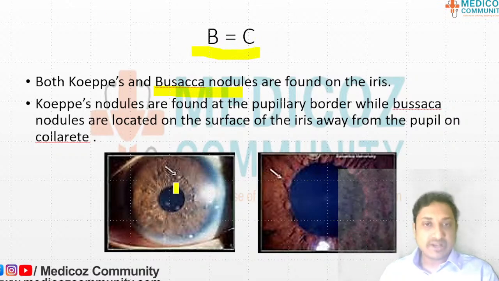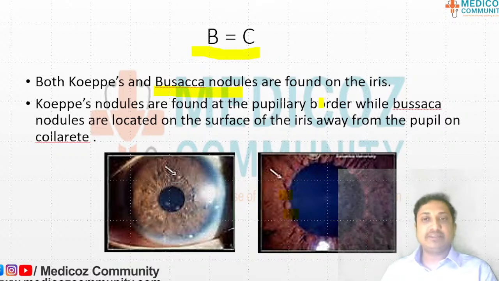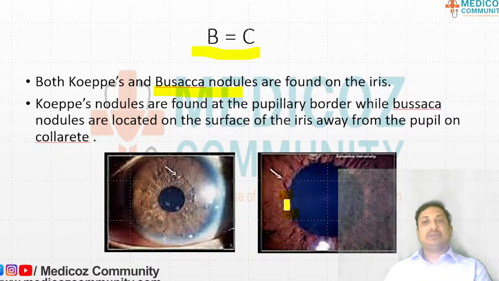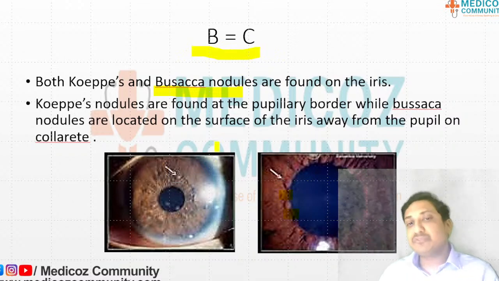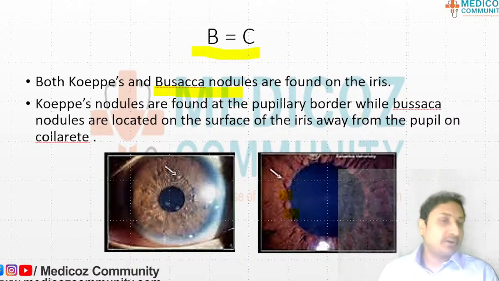You can see white lesions here. You can see in this picture, these are Busacca nodules. So these are at the collarette of the iris. This is called the iris collarette. While these are the Koeppe nodules. Koeppe nodules are seen always at the pupillary border of the iris. So remember Busacca at the collarette, that is B is equal to C, and you will never forget this. Okay? Remember this mnemonic.